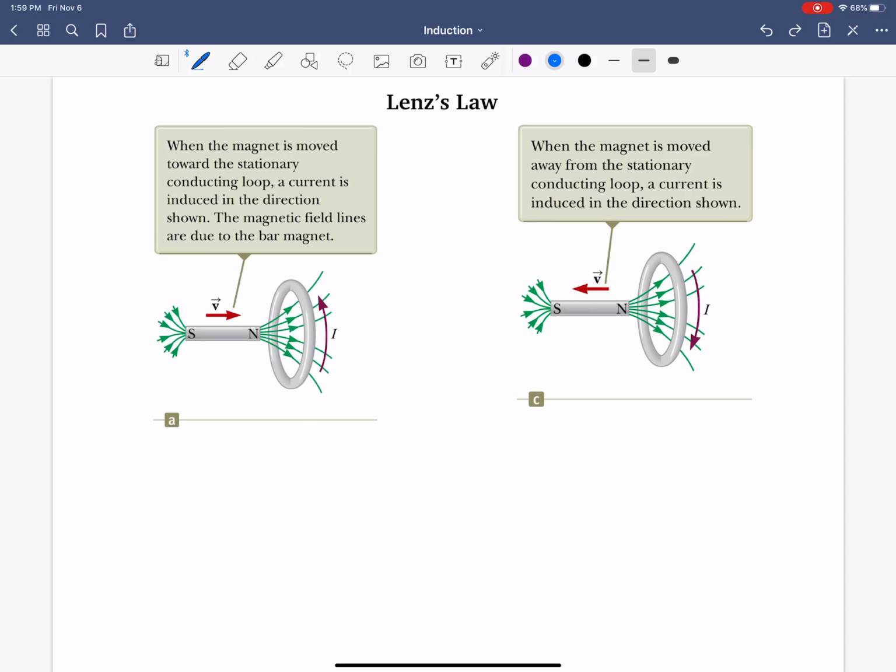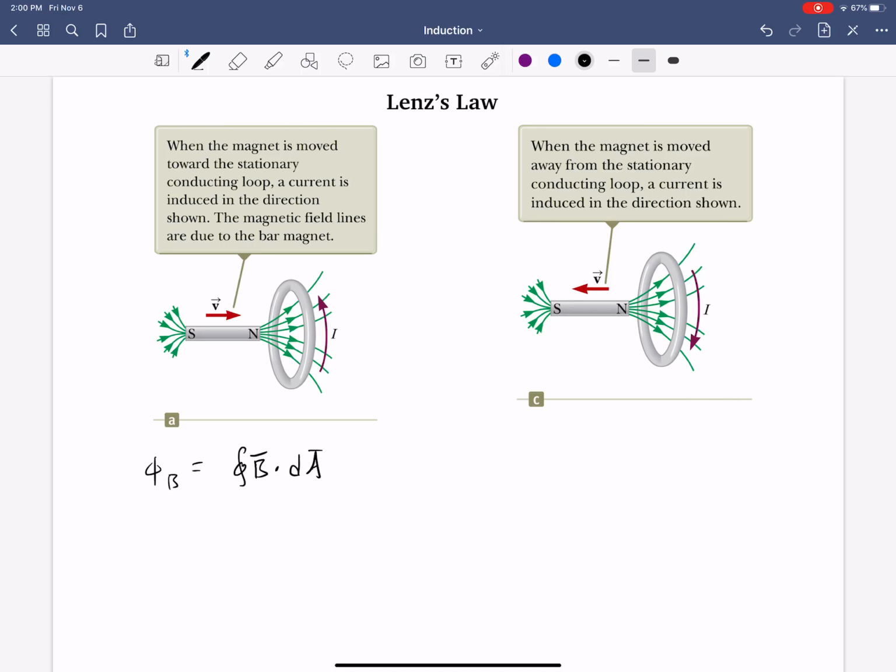There is a current that does run through it because the flux is changing. So on the left side, the flux is actually increasing because this permanent bar magnet is moving towards the loop. So remember what magnetic flux is. Phi B is the closed integral of B dot dA. That's the magnetic flux.